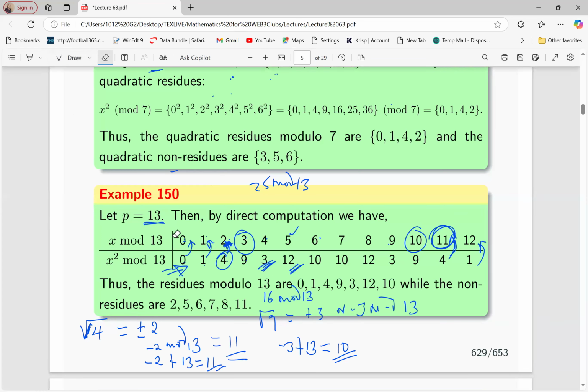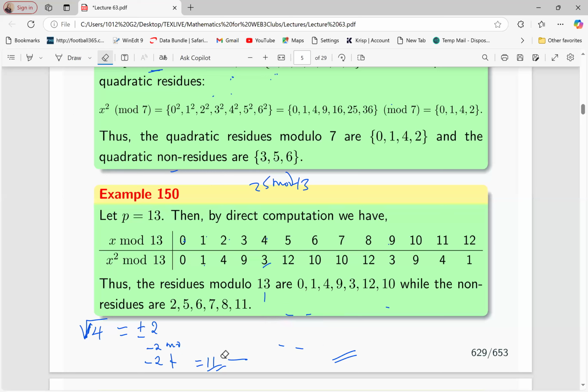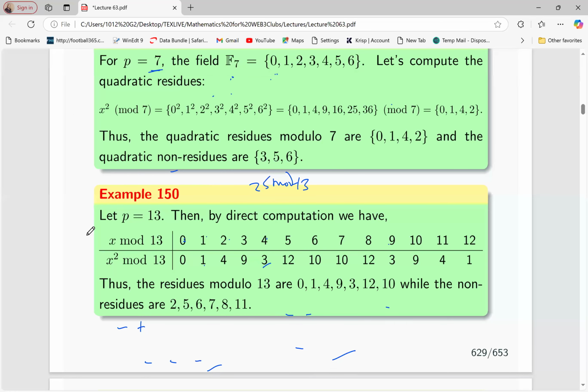So those numbers at the bottom are quadratic residues. And you will find that they are 13 minus 1 divided by 2. How many are they? That's the question I'm answering: how many quadratic residues do you have?